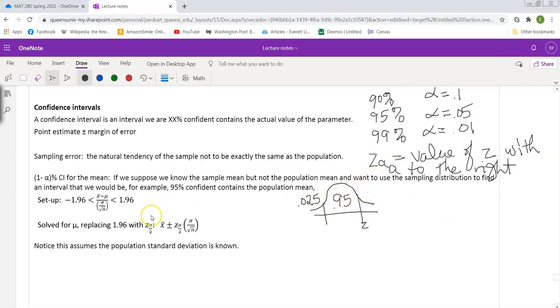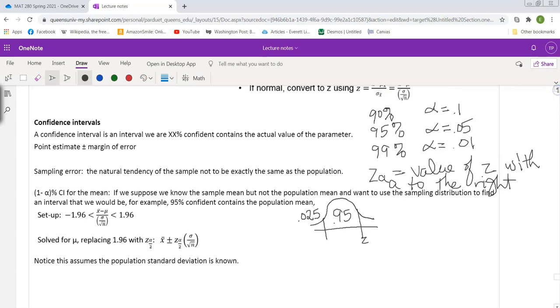So here, if we want a 90% confidence interval, alpha is 0.1. So this means we're looking for Z of 0.1 over 2, so 0.05.